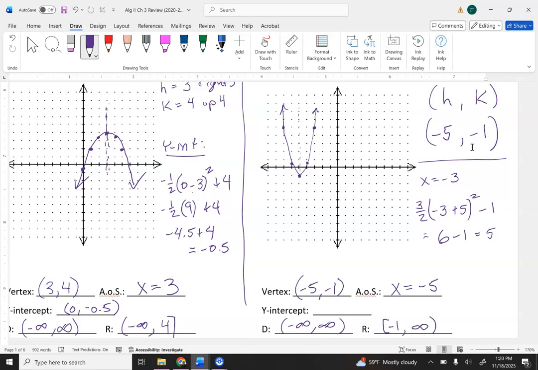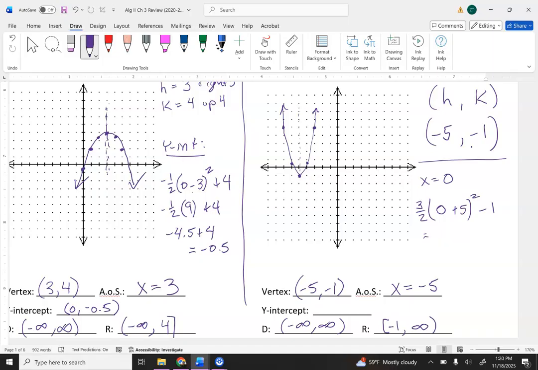All right, now we still have that problem of the y-intercept. So let's go ahead and plug in a 0 here. When x is 0, we're going to put a 0 here and evaluate this function. So 0 + 5 is 5. 5 squared is 25.